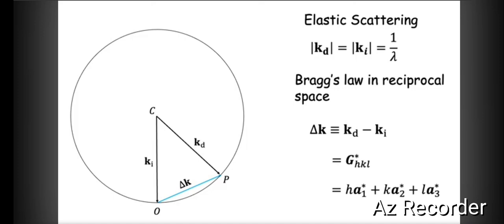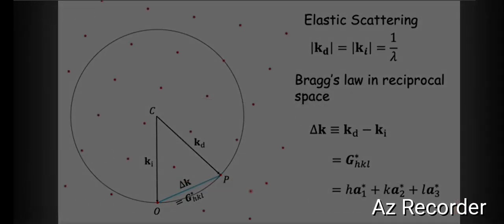So this is interesting, that this delta K is also a reciprocal lattice vector G star HKL, which means I have not yet drawn the reciprocal lattice of my crystal, so I am free to choose the origin, and if I choose the origin at O, the red dot shown here, and fill the space with reciprocal lattice points, then P will also be one of the reciprocal lattice points if CP is a diffracted vector.